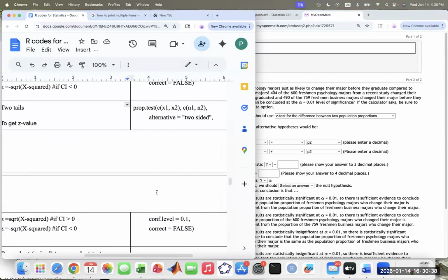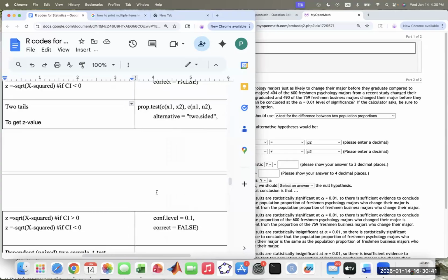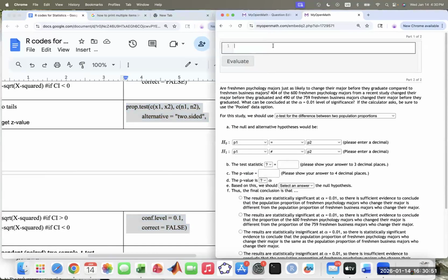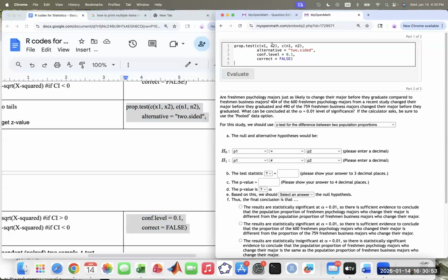So we copy the code from here, this whole code from here to here, and paste it in. X1 and X2 are the successes of each group.